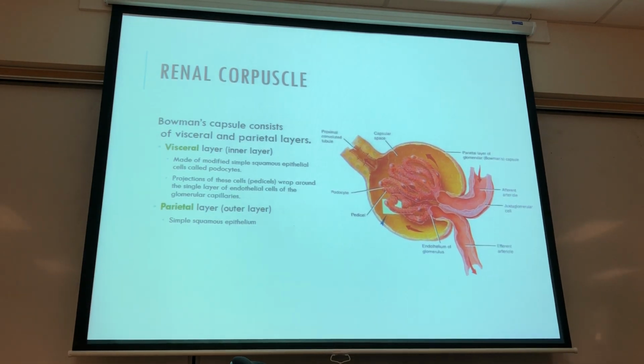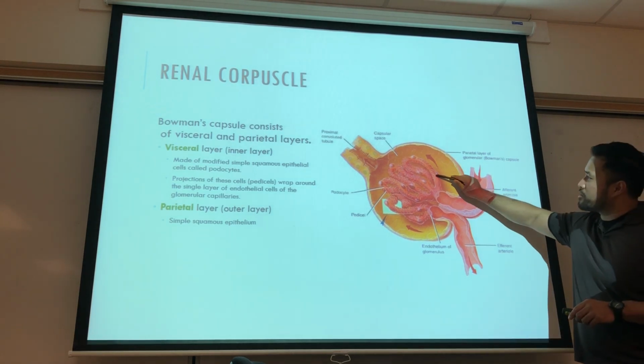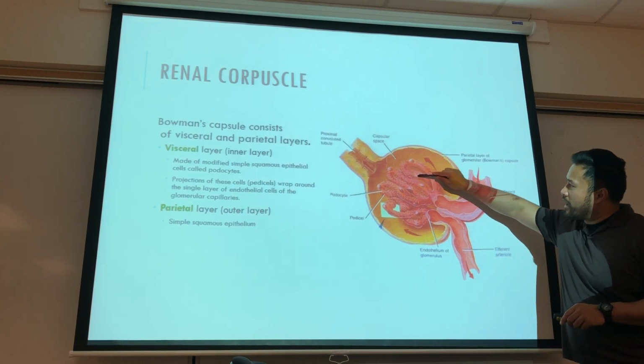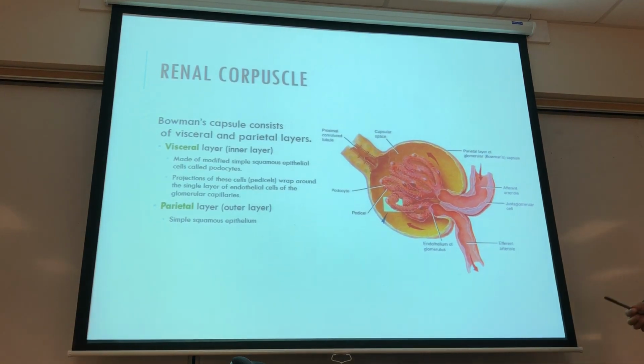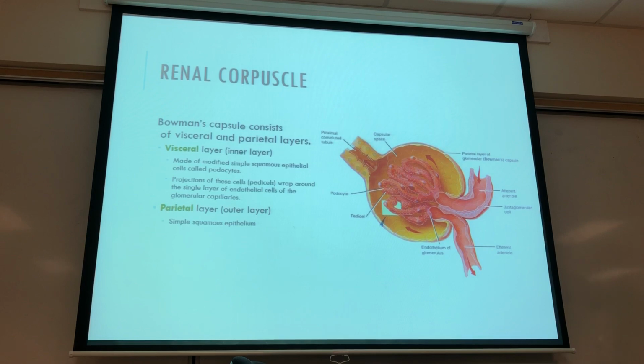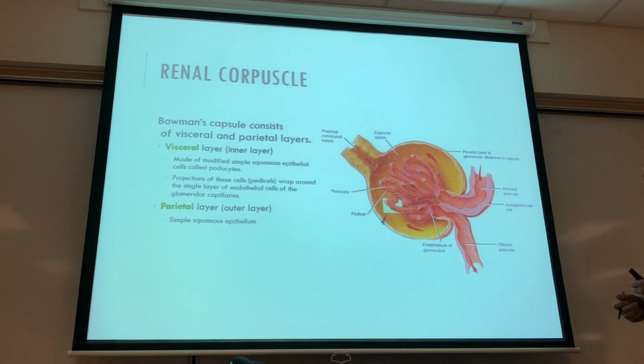And that first layer is going to be the parietal layer, which is the outer layer. This outer layer wraps around the outside of the glomerular capillaries. The visceral layer, you can't necessarily see it on here, but the visceral layer is flush right against the glomerular capillaries. And the whole purpose of this visceral layer is to provide a covering for those capillaries.